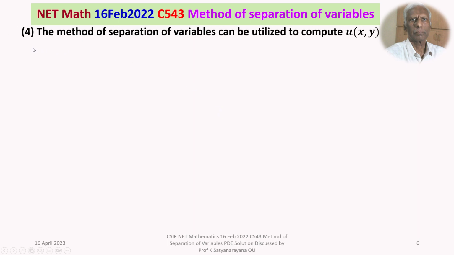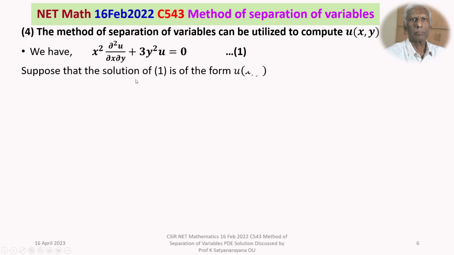We continue in the next slide. Consider the fourth option. The method of separation of variables can be utilized to compute the solution u of x comma y. We have the given partial differential equation, which we have named equation 1. Suppose that the solution of 1 is of the form u of x comma y is equal to X of x into Y of y, where X and Y are functions of x and y alone respectively.